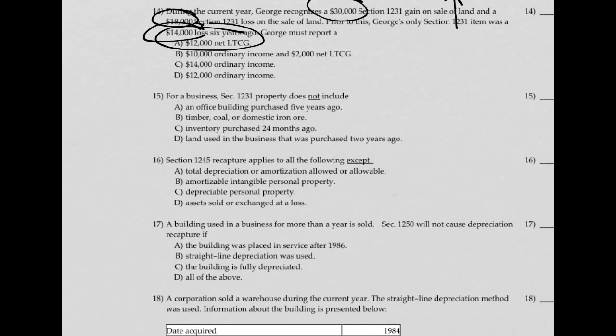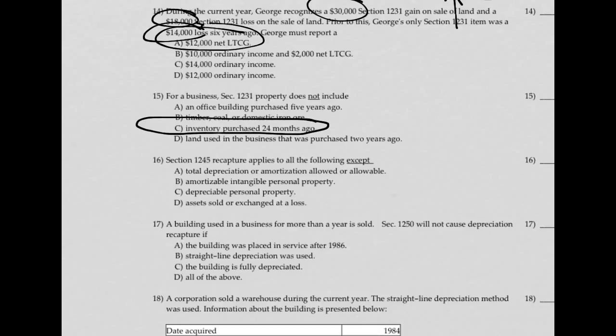Question 15: for a business, section 1231 property does not include, and this is just a basic answer, which we know from the textbook and from class, inventory. It doesn't matter when it was purchased, it is not 1231 property. Question 16: section 1245 recapture applies to all the following except.